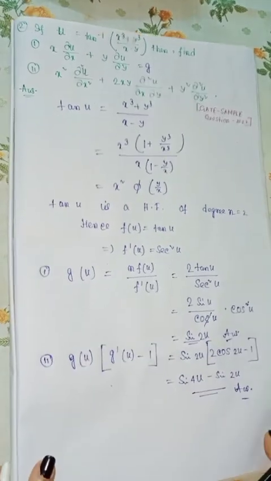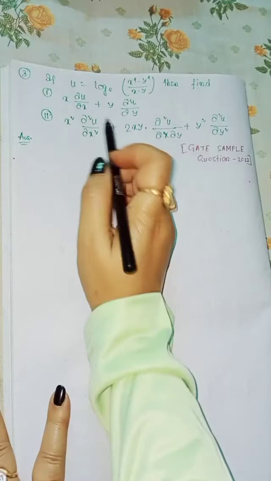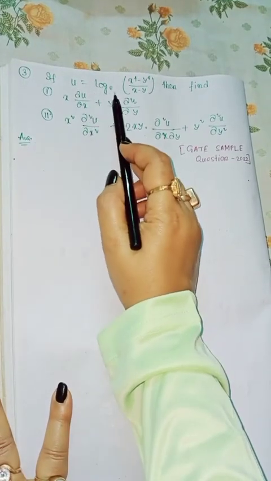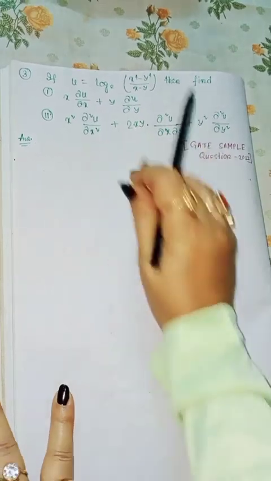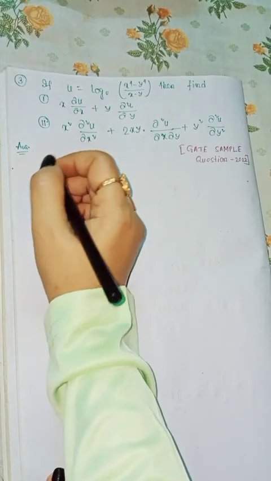So now moving to question 3. So question 3 tells us that if u is equal to log of (x to the power 4 minus y to the power 4) by (x minus y), then find these two also. So this is also a GATE sample question 2022.